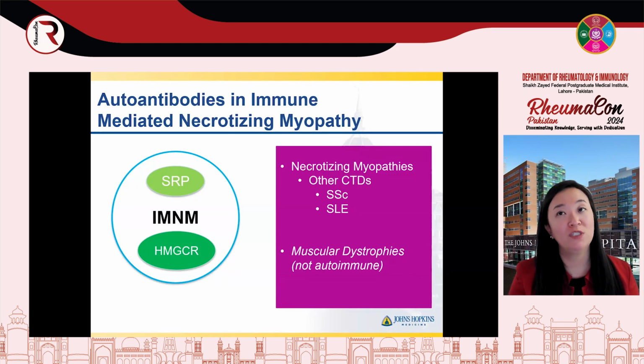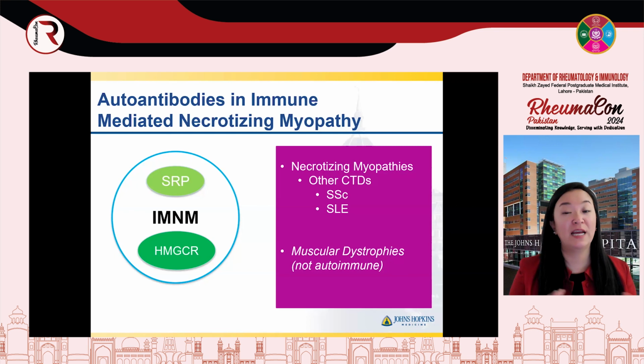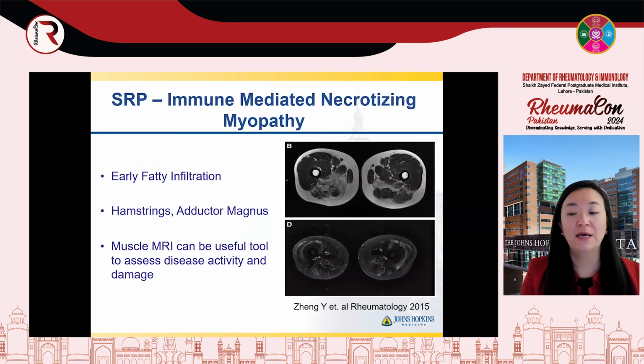But certainly I've diagnosed younger people with a dysferlinopathy, like limb girdle muscular dystrophies, and they were treated as a necrotizing patient and received multiple immunosuppressants without any significant improvement. So don't forget about thinking about other differential diagnoses.